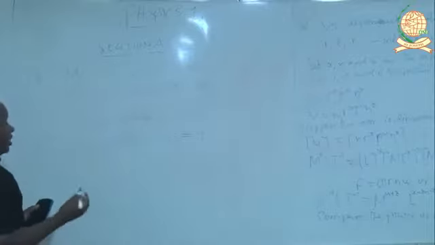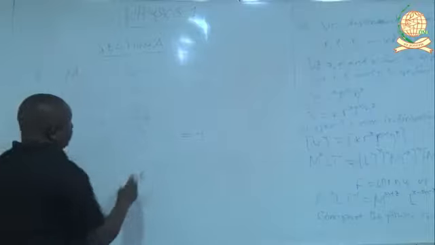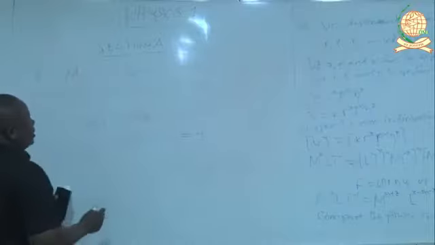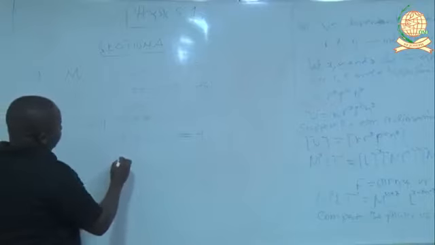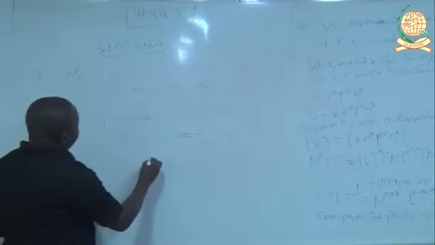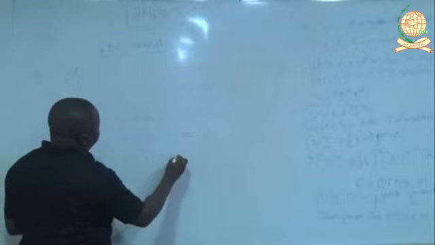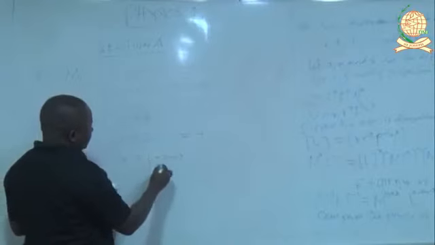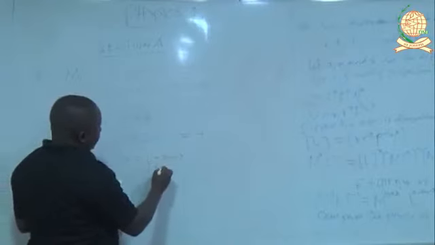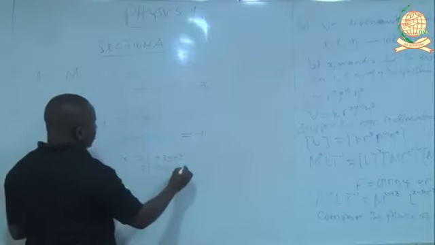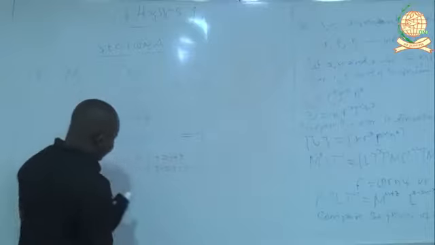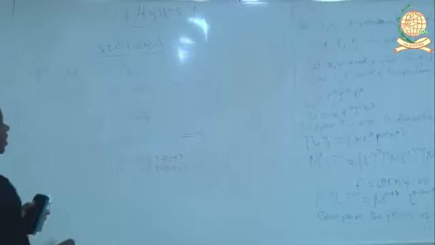If y is equal to negative 1 and z is equal to 1, if we substitute in the second equation, you get x equals 1 plus 3y plus z. That means 1 plus negative 3 plus 1. So you are also getting negative 1. Then you go back to this equation.